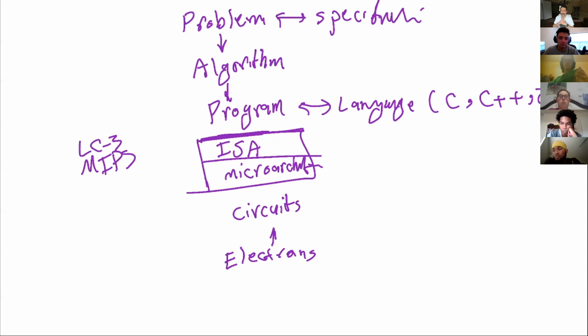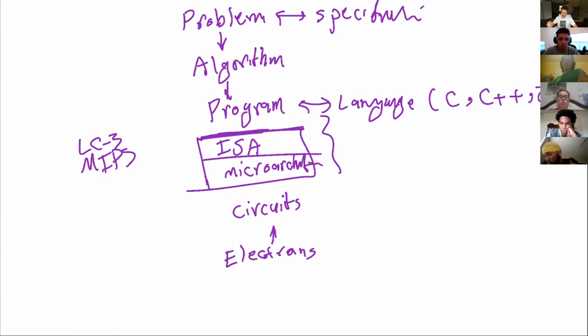That's why we have these two important layers: to make this portability happen, to get different performance, to get different cost, and to be able to run programs more efficiently and so on.